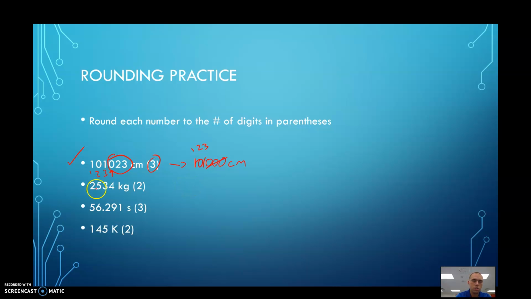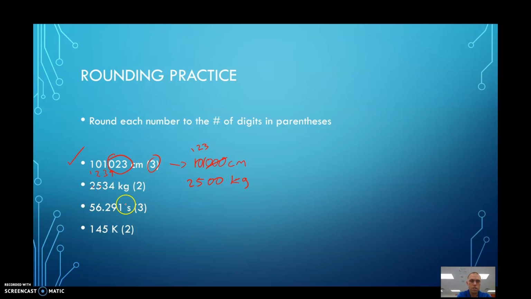Okay, let's do this one. 2, 5, 3, 4 rounded to 2 significant figures. There's 1, there's 2. This number is less than 5. So this becomes 2, 5, 0, 0 kilograms. Let's look at this one.